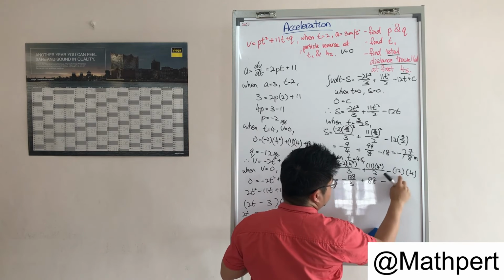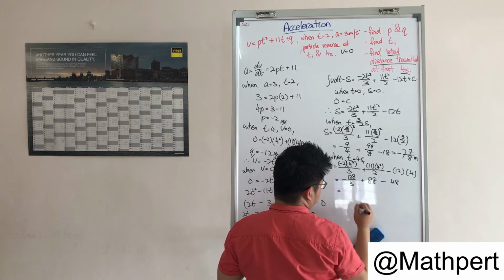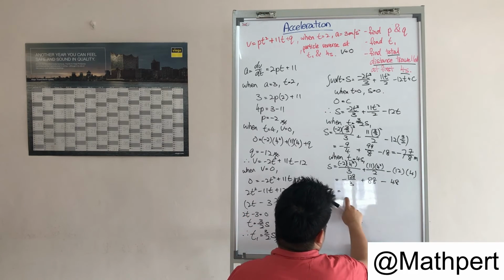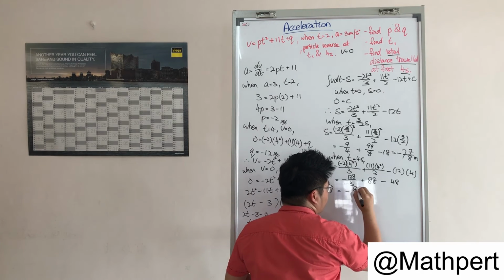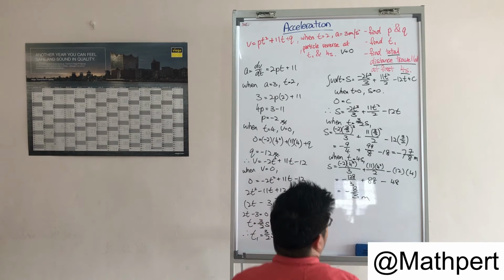This one we get 48. And here we got negative 128 over 3 plus 88 minus 48. We get negative 8 over 3 meter.